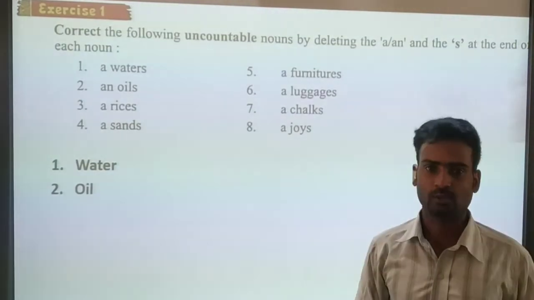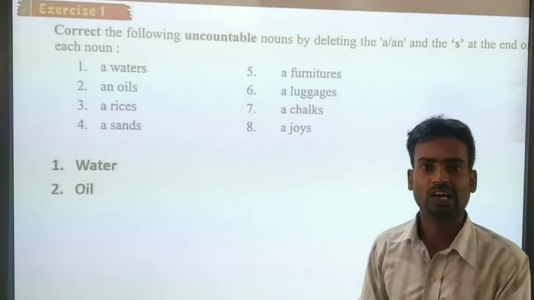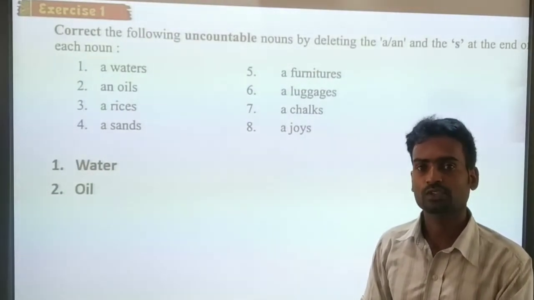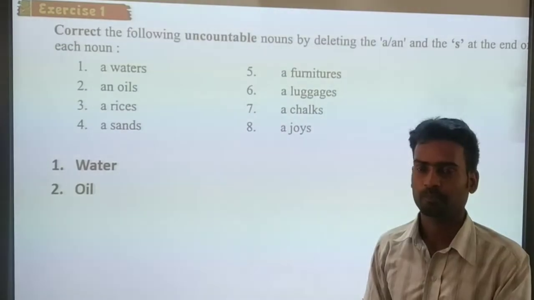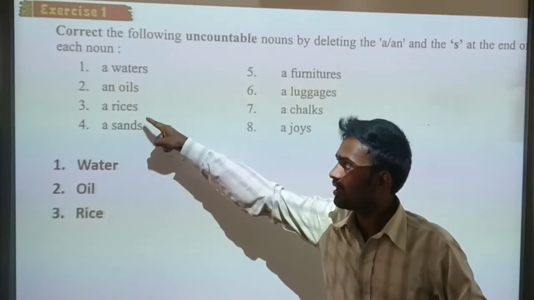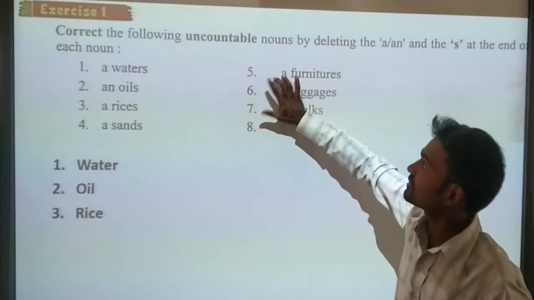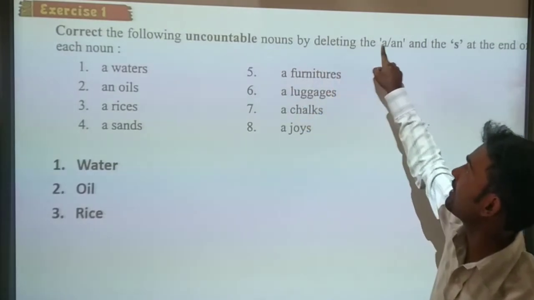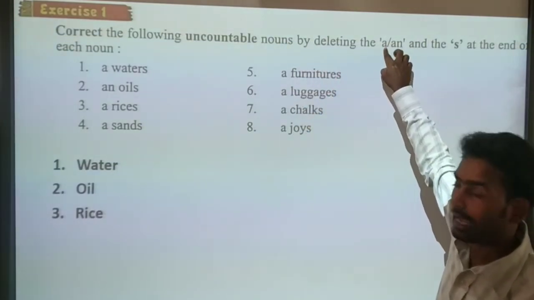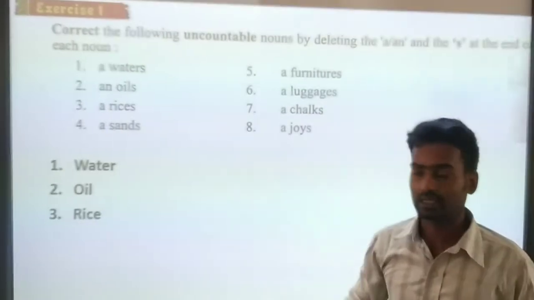The next one, rices. It doesn't have a plural form and it should not begin with A. So rice is the correct one. We have to remove A and S from these uncountable nouns, delete them, and speak and write correctly.